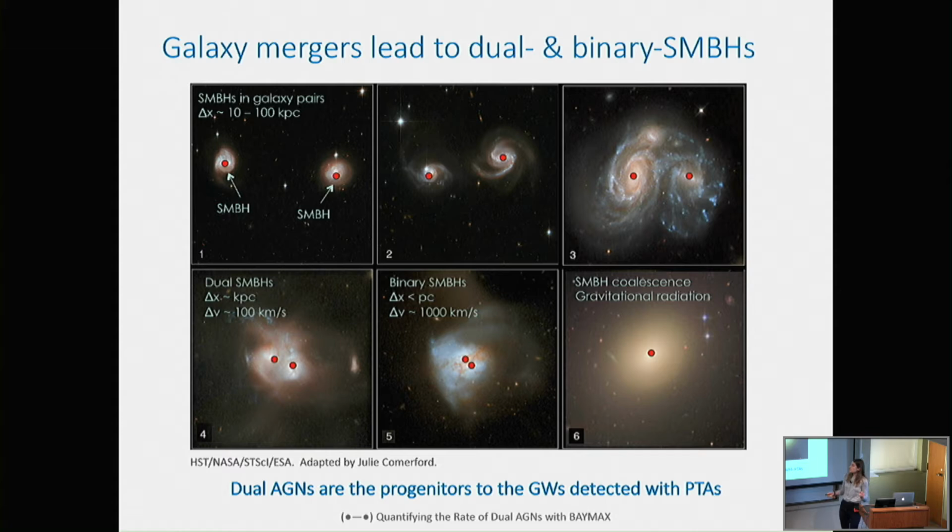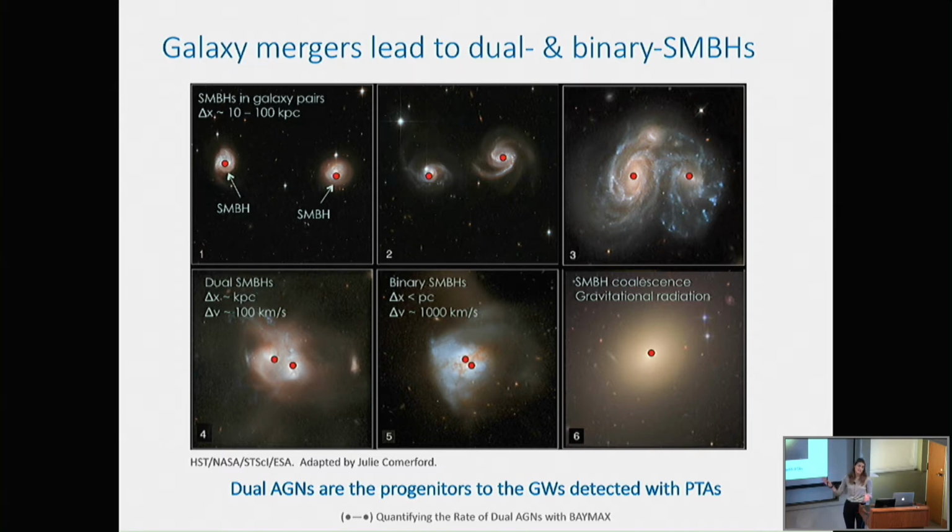So Baymax is mostly going to be studying the dual AGN population. So in the context of galaxy mergers, when you have two massive galaxies, each with their own central supermassive black hole, here they're in the process of merging. So during the phase of the merger where you have two supermassive black holes, they're both actively accreting. The physical separation here is on kiloparsec scales, and the main mechanism of energy loss is through dynamical friction.